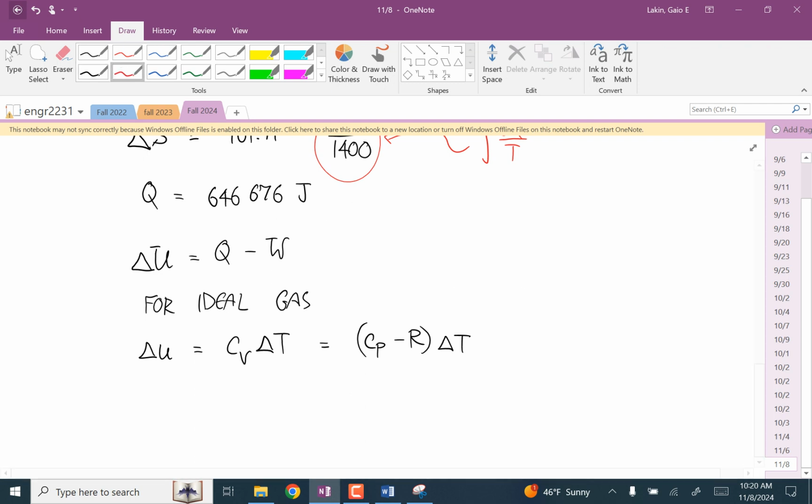Yep. And so this all goes away, and we know that there's no change in internal energy. And so now we have that 0 is equal to Q minus W, and so W is also equal to 646,676.